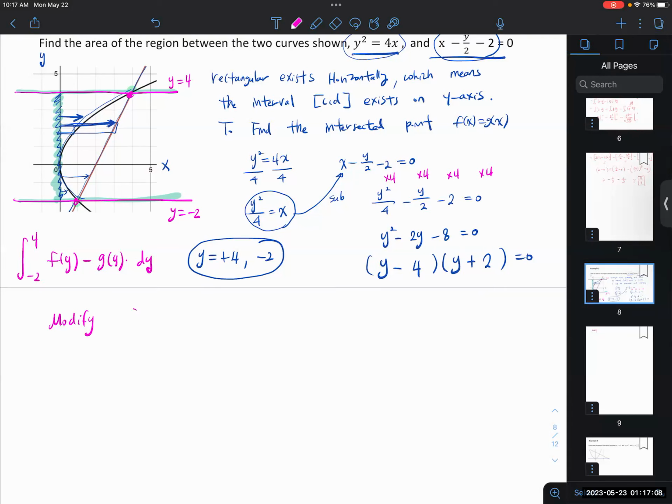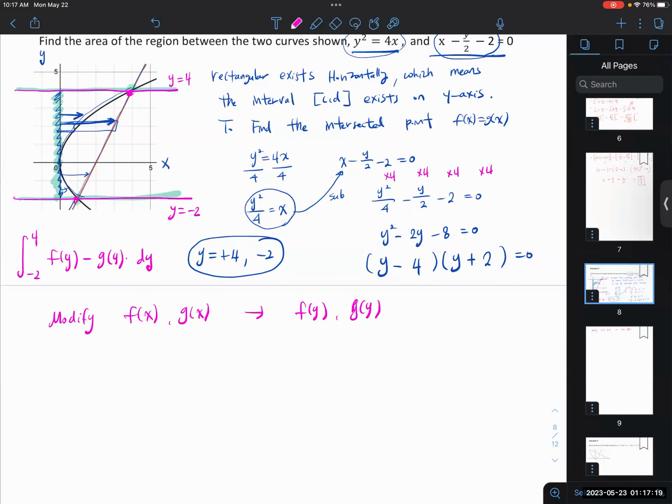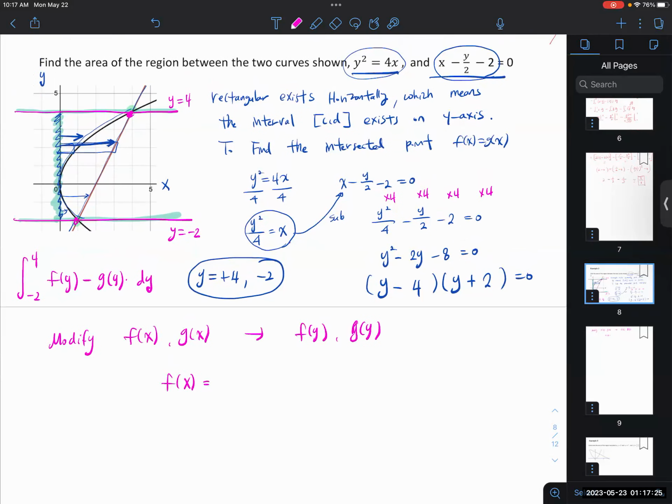So we have to modify f of x, g of x into the y variable, g of y. So let's do that work. What are you guys going to do? Let's say this is the f of x function, which is the first one.